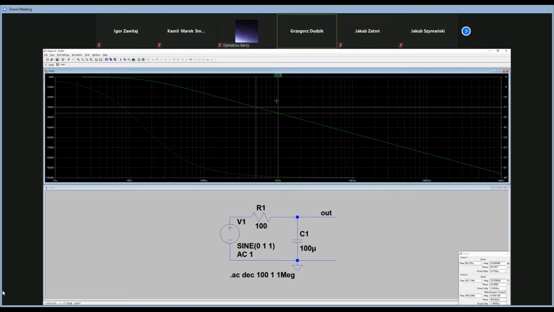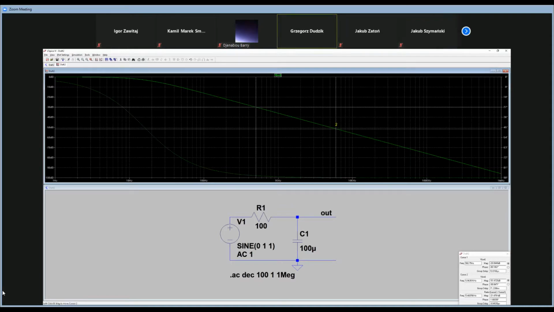So if I get another one, as you see, it is around. Of course, this is the simulation. What is the difference on the amplitude characteristic when we are changing the frequency by 1 decade? 21 dB. 20, yeah, of course, but this is the simulation. Where is it? 1, 2, 3, 4. 1, 2, 3.